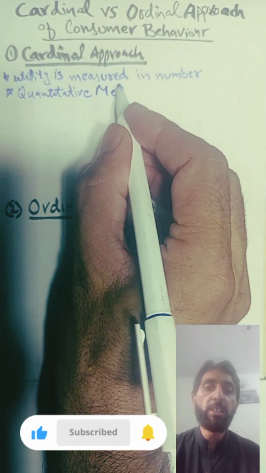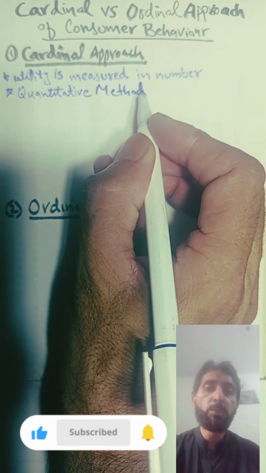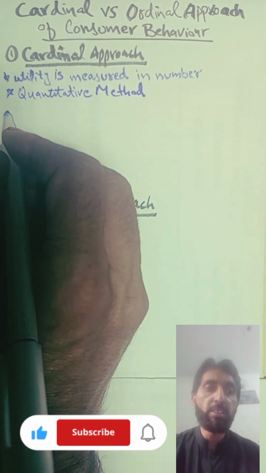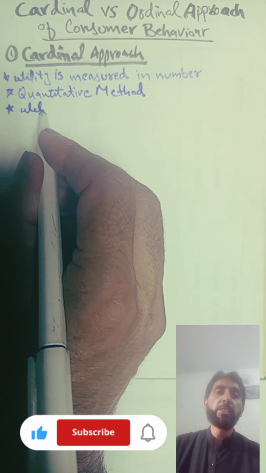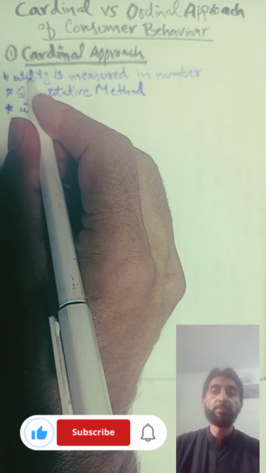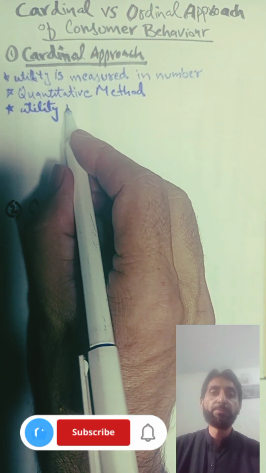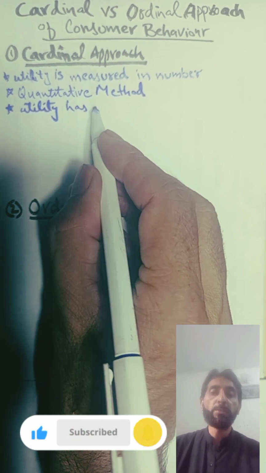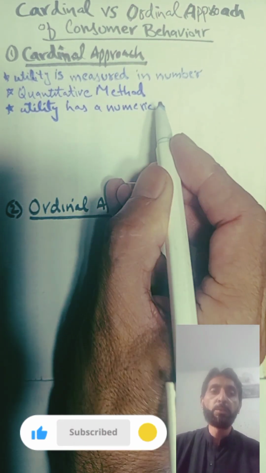Utility has a numeric value: 10 units, 20 units, 30 units, etc. Now we study the assumptions of the cardinal approach. The cardinal approach tells us about the numerical measurement of utility.